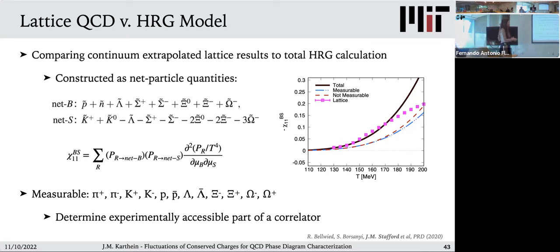So for example, for a kaon correlator, I would have 2 derivatives with respect to strangeness here, and then I can extract how much the kaon will actually contribute by considering its branching ratios. That's what I'm explicitly showing here. So instead of having 2 separate quantities, I would just have the branching ratio contributions from the kaon squared.